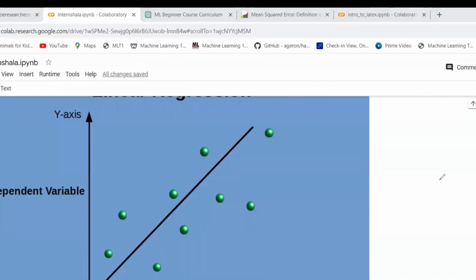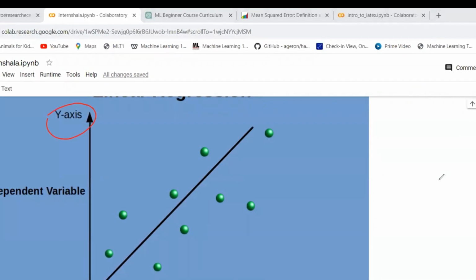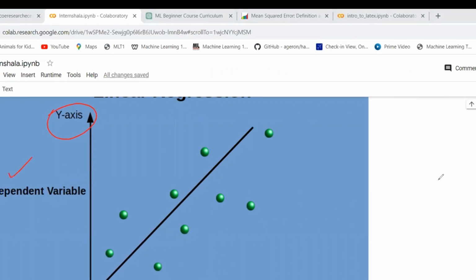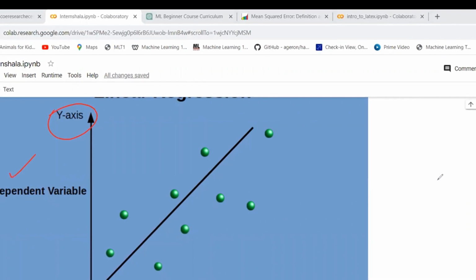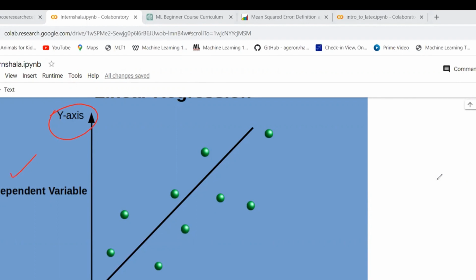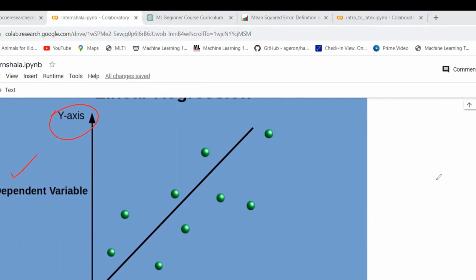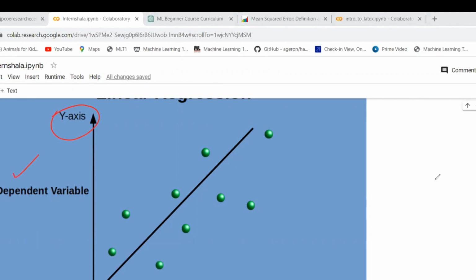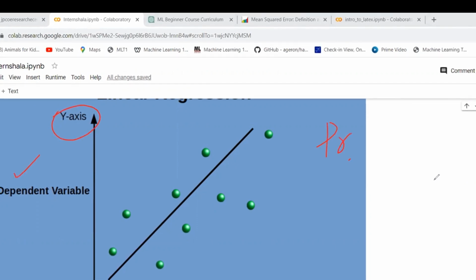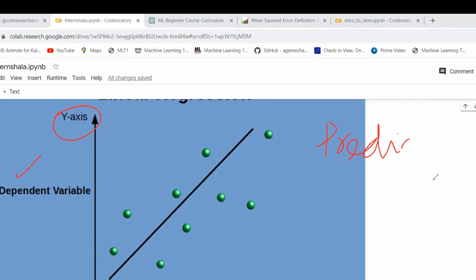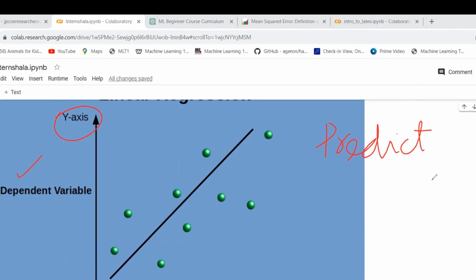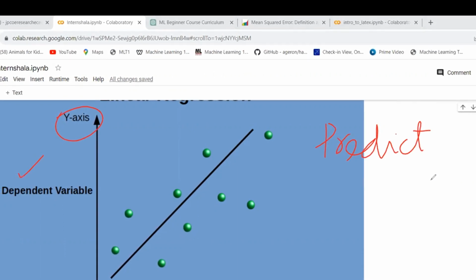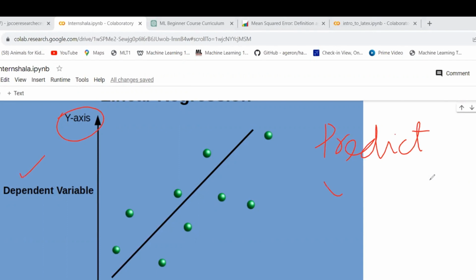So if you look at the y-axis, it is usually the dependent variable. And the dependent variable can usually be given as an equation to predict a particular parameter. So predicting a parameter, we denote it as y.